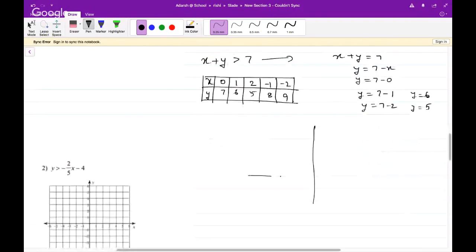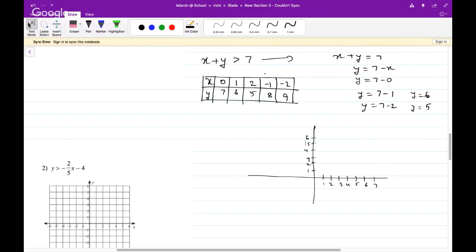I'm drawing a rough diagram. In this case, first x is 0, y is 7.